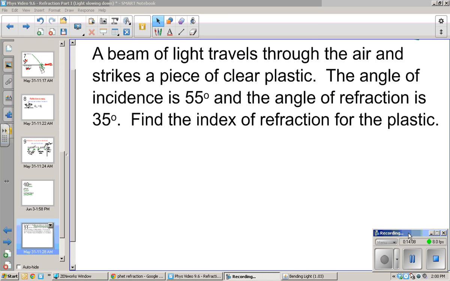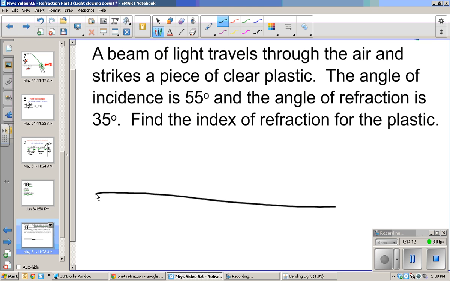So you should start by making a drawing. Your drawing will always start out the same way. You're going to have a boundary. You've got a beam of light traveling from one substance to the other. I'm always going to get in the habit of putting my incident beam on the top and my refracted beam on the bottom.